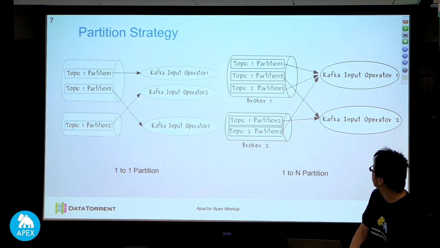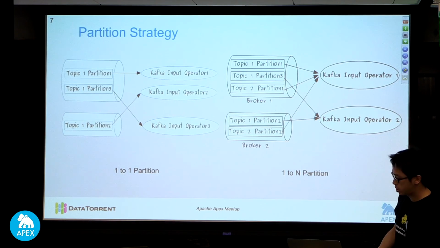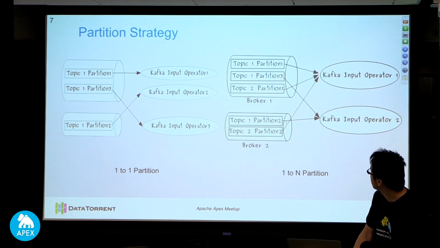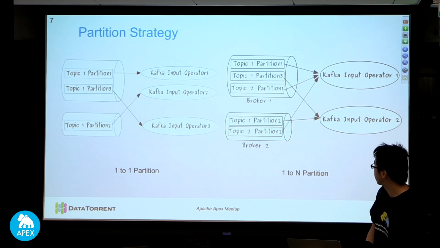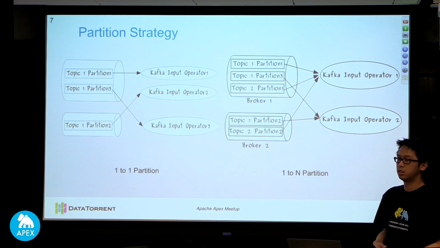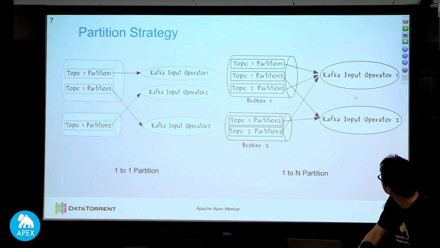And one-to-many means each Kafka input operator instance could consume from more than one partition, depending on how many input operator instances you want and how many Kafka partitions there are. Something you have to keep in mind is that this one-to-n partition is based on round robin, so you can see all the Kafka partitions will be evenly distributed to the Kafka input operator instances.